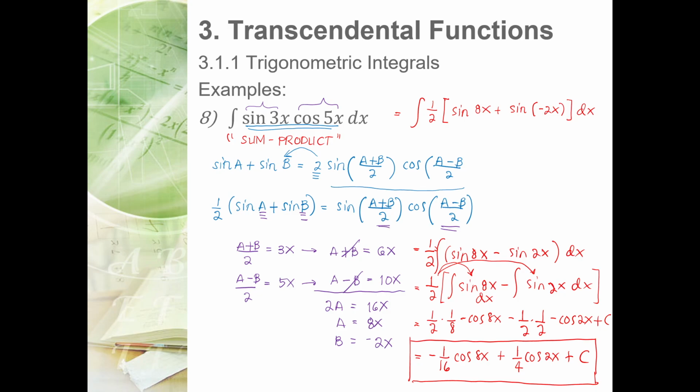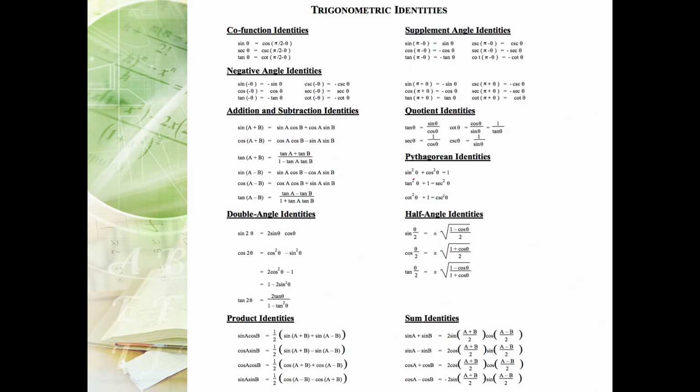I forgot one slide. If you're going to review all the different identities, these are the different identities. What we used earlier is this one, the product to sum, or just called the product identities.